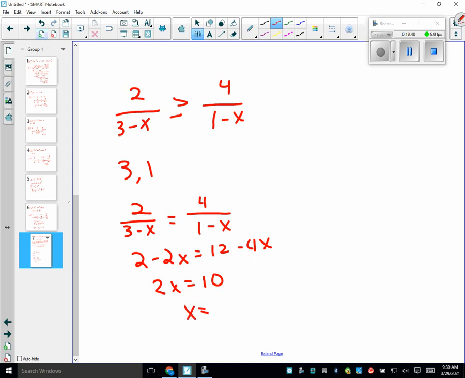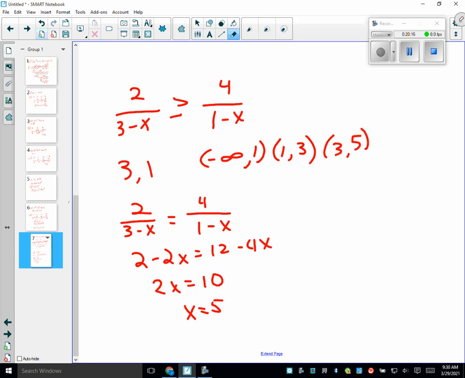What's x? Is 2x equal 10 not right? Yes, it is correct. I was already switching it over. So I have negative infinity to 1, that should be a parenthesis. 1 to 3. 3 to 5, and 5 gets a what?